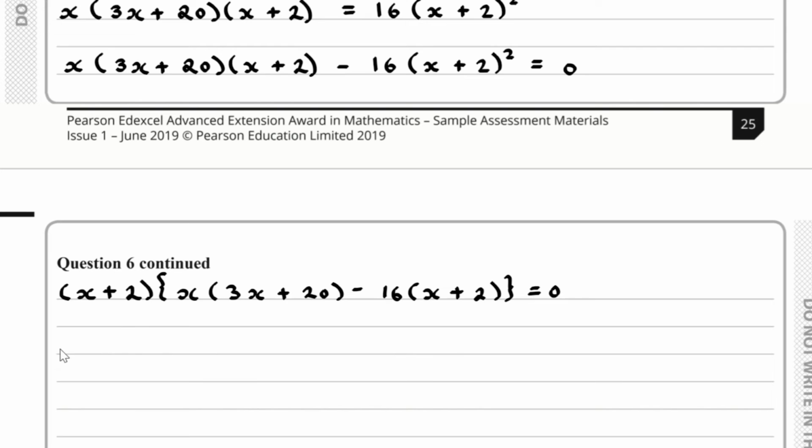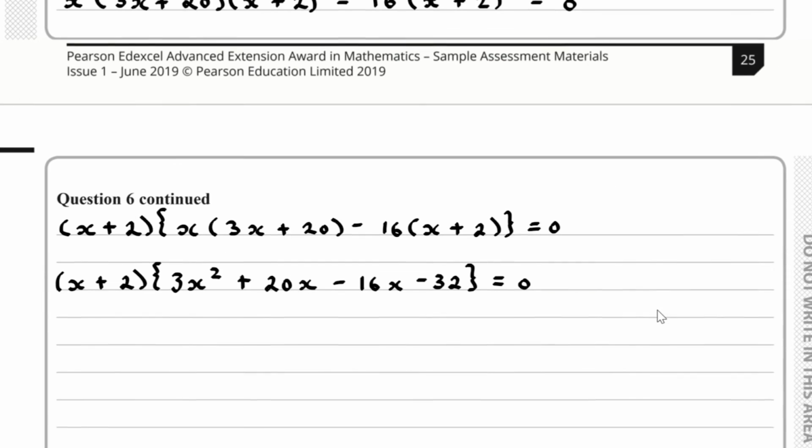So now let's tidy up the bracket. I've got x plus 2, and then here I've got 3x squared plus 20x minus 16x plus minus 32 equal 0.